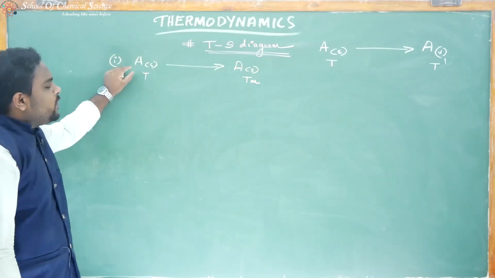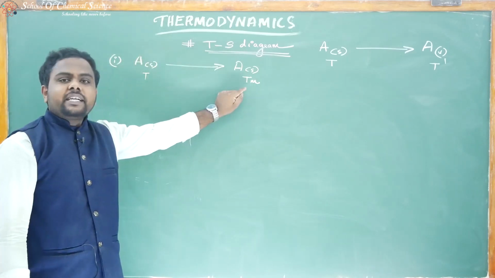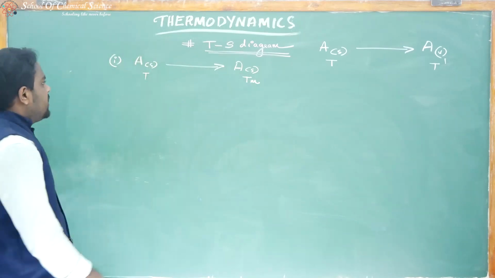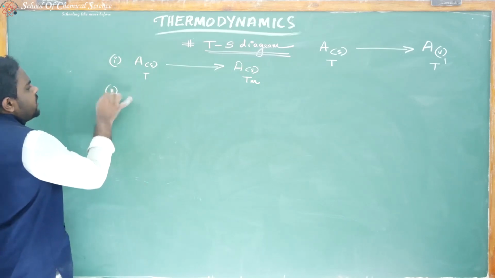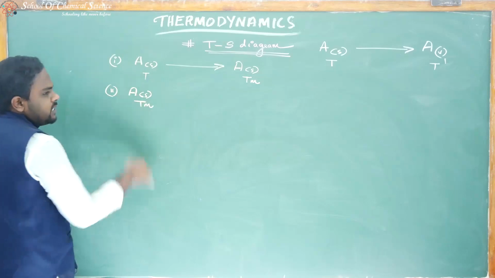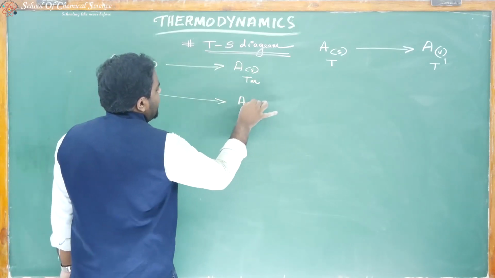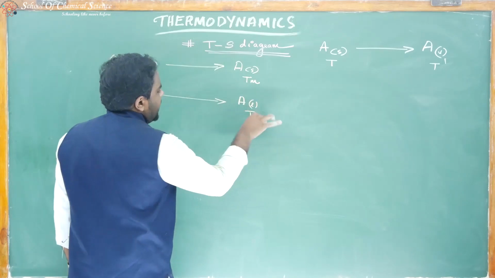That means your ice at minus 10 degrees Celsius is converted into ice at the melting temperature, 0 degrees Celsius. Then second step, A solid at melting temperature is converted into A liquid at melting temperature.